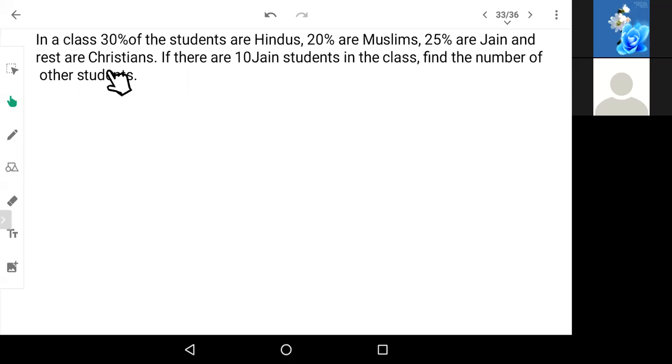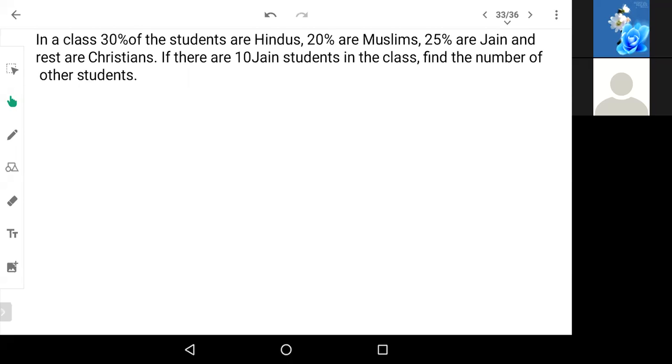If there are 10 Jain students for 25%, then we have to find the number of Hindu students, Muslim students, Jain students, and Christian students. Since all of them are given in percentage, we will assume that there are 100 students in the class.